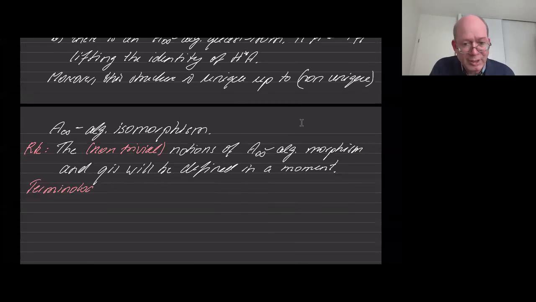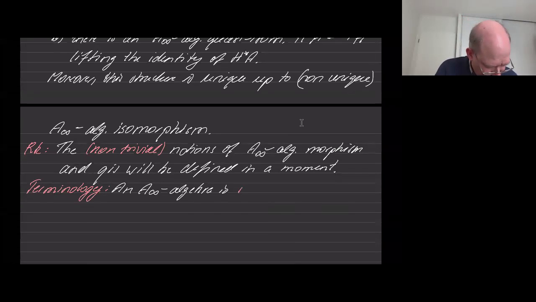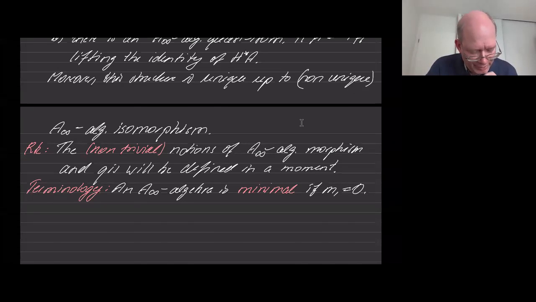We say that an A infinity algebra is minimal if its differential vanishes. And in the situation of the theorem, the homology with its minimal A infinity structure is called a minimal model for the A infinity algebra A.